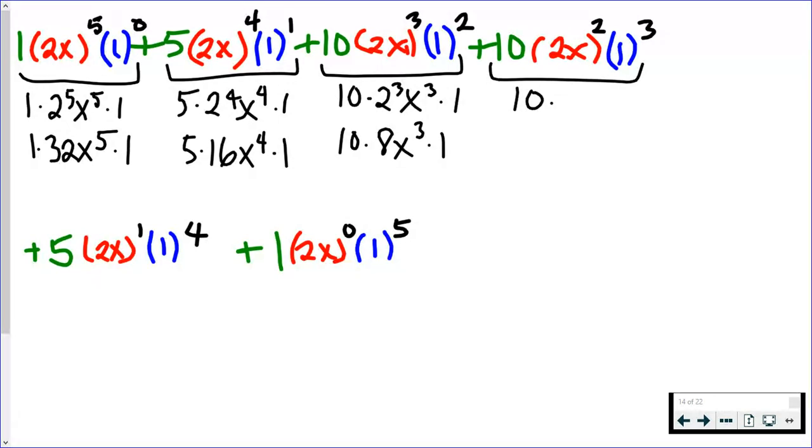This time I have 2 squared x squared. 1 to any power is 1. So we end up with 10 times 4x squared times 1.